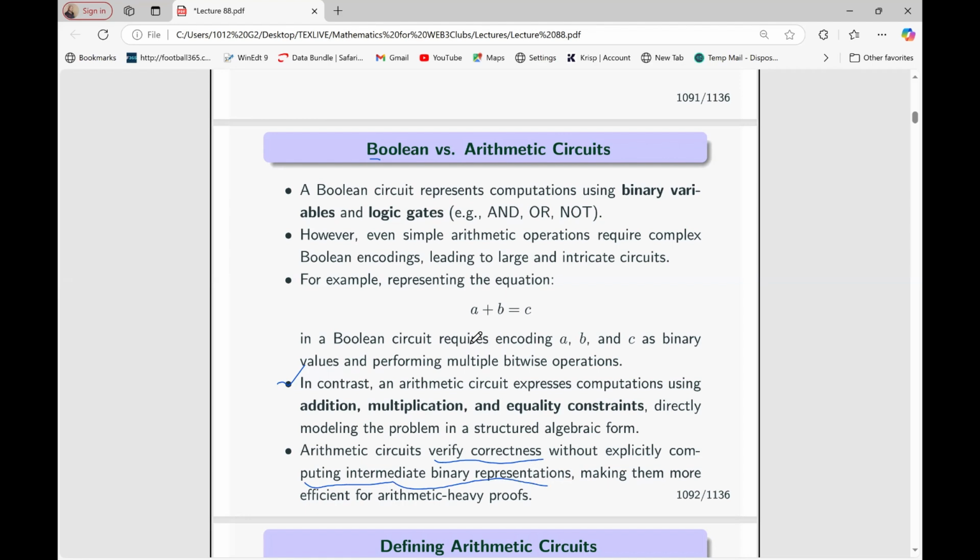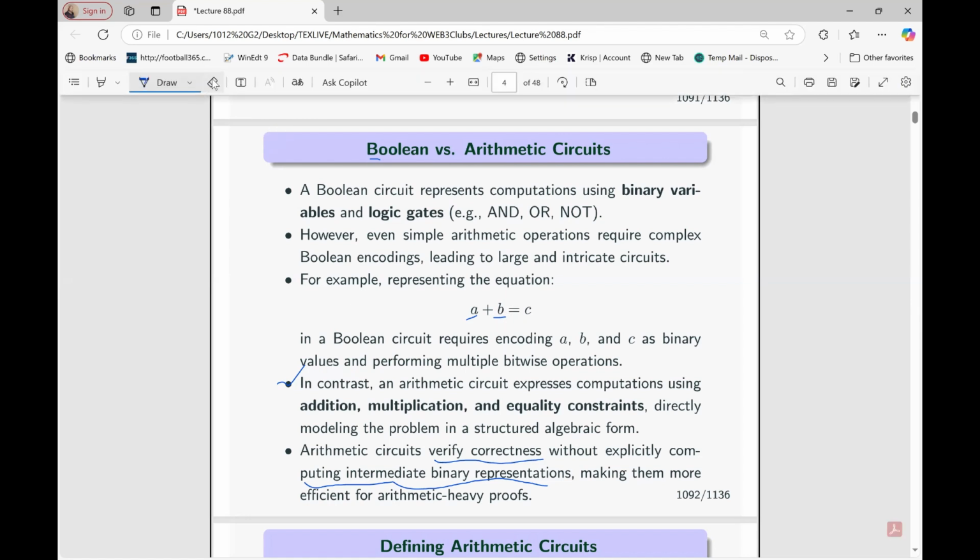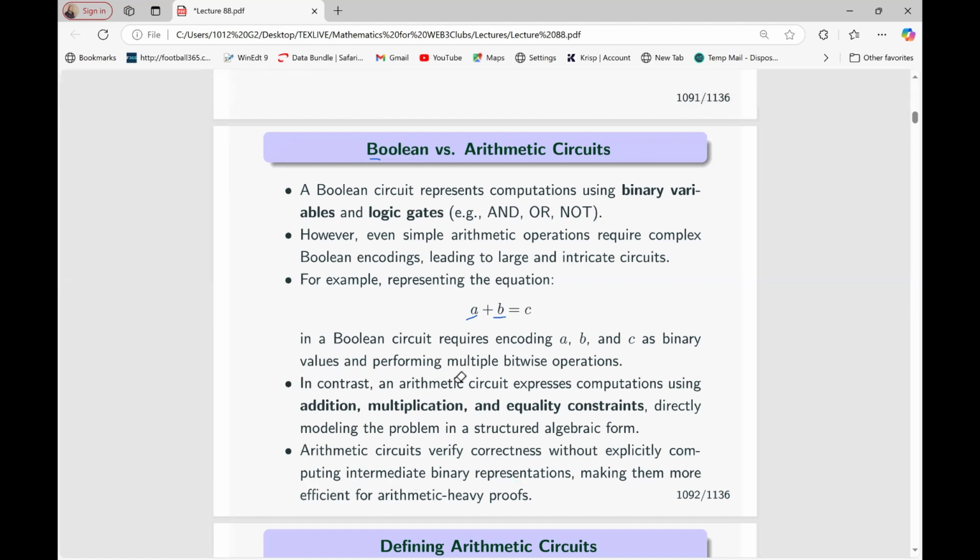So we don't require to get the binary representation of A. We don't require to get the binary representation of B, and so on in the arithmetic circuit. But that would have been the case under the Boolean circuit.